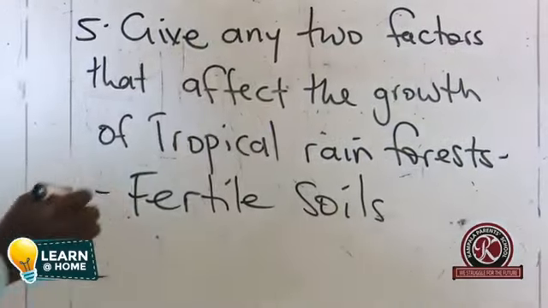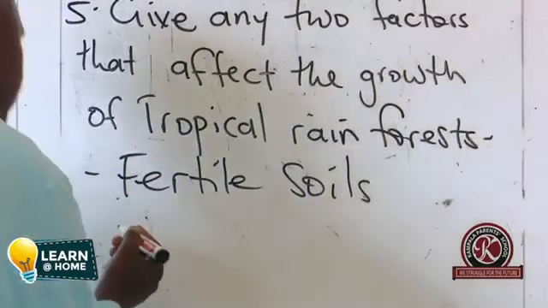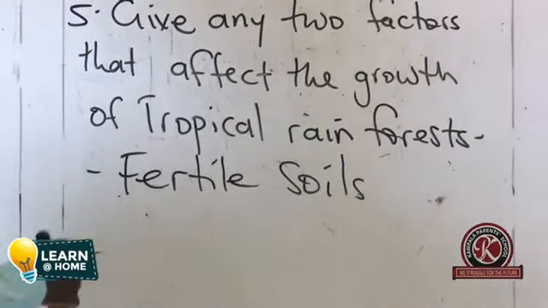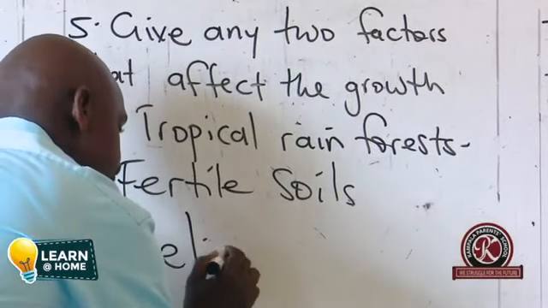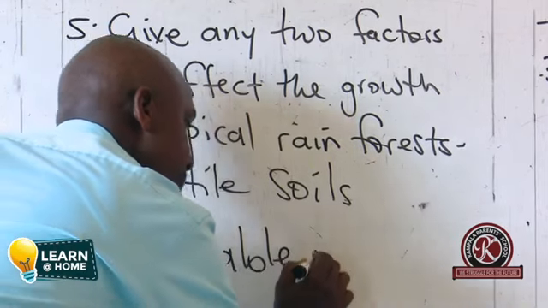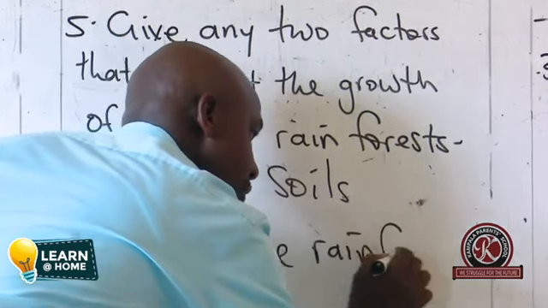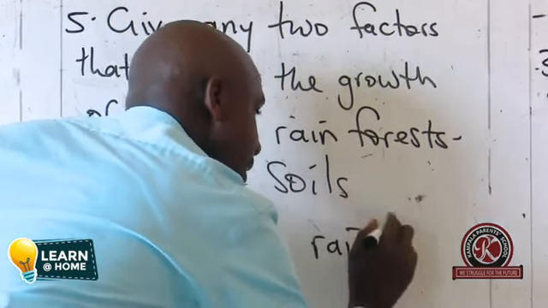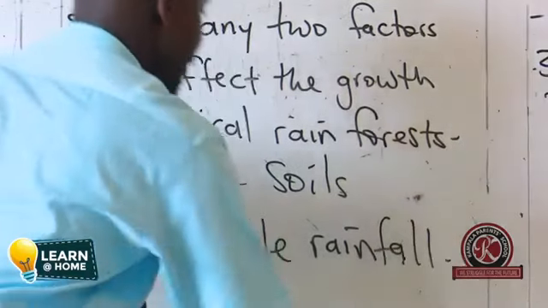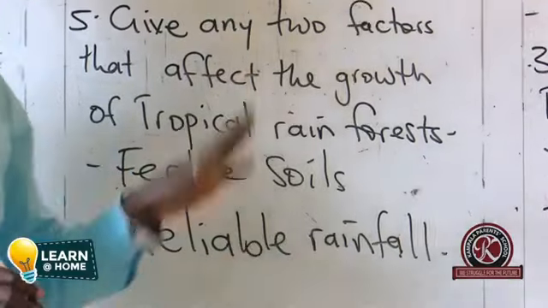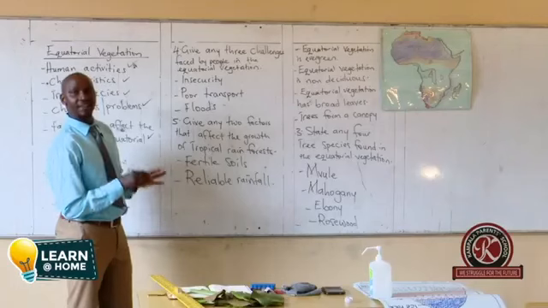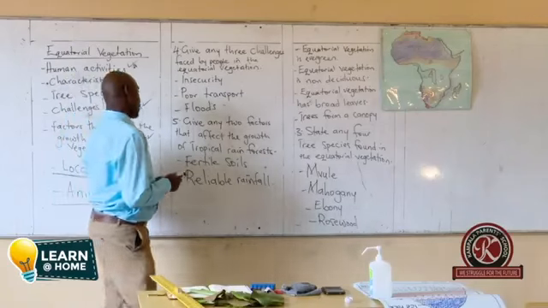Lastly, we have good climate, or one can say reliable rainfall. The place receives a lot of rainfall, and we said it receives a lot of rainfall because of a high rate of transpiration and evaporation.